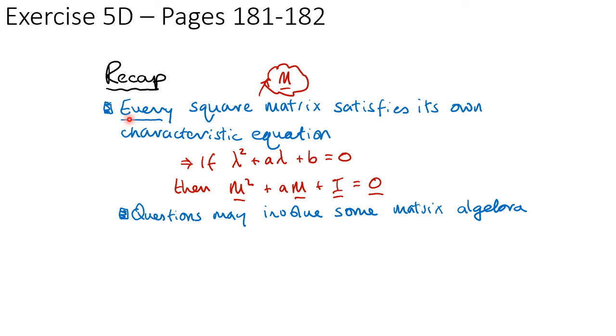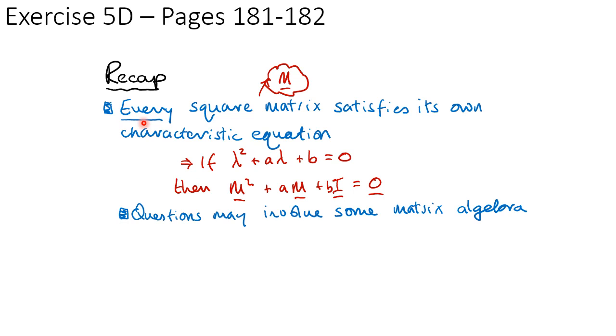So the Cayley Hamilton theorem states this, that every square matrix M satisfies its own characteristic equation. So here's an example of a characteristic equation, and just need to put the B in here. So it'll be B times the identity, and it will always equal the zero matrix.